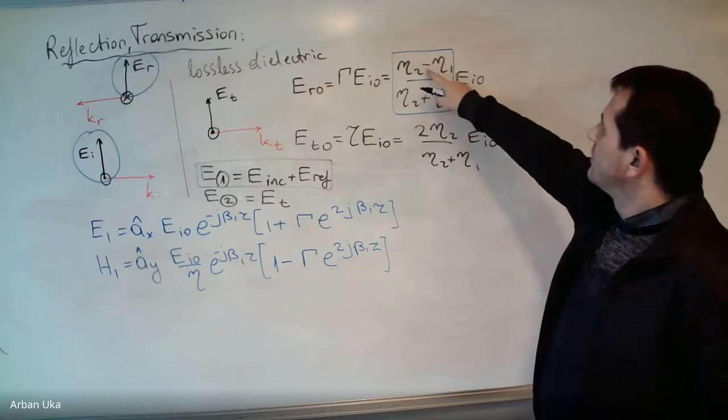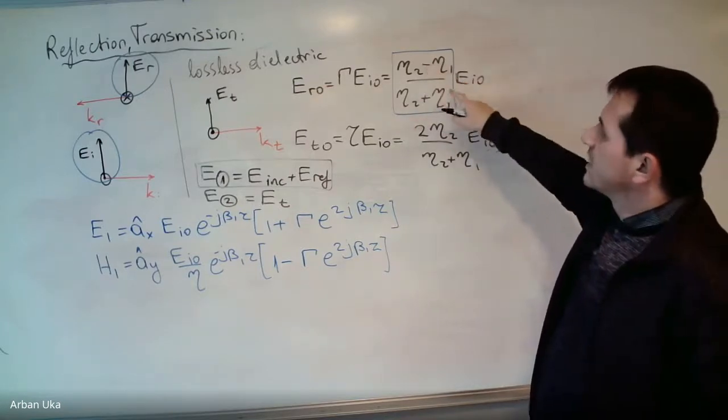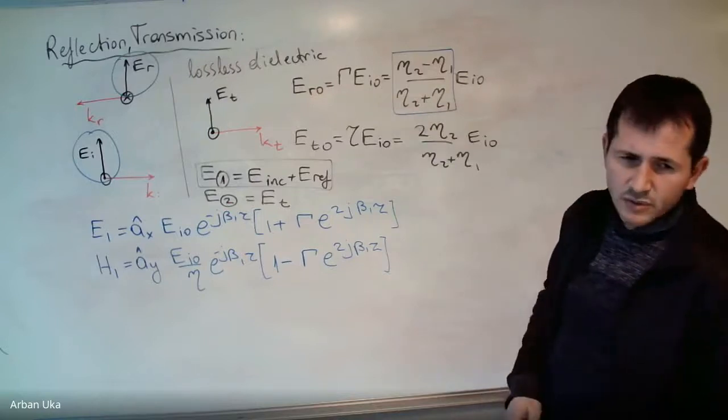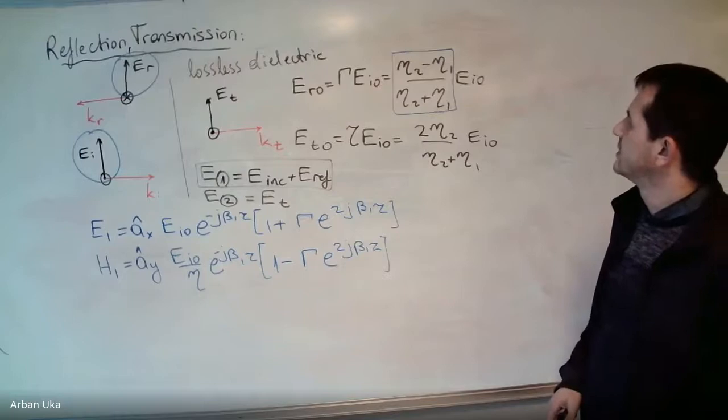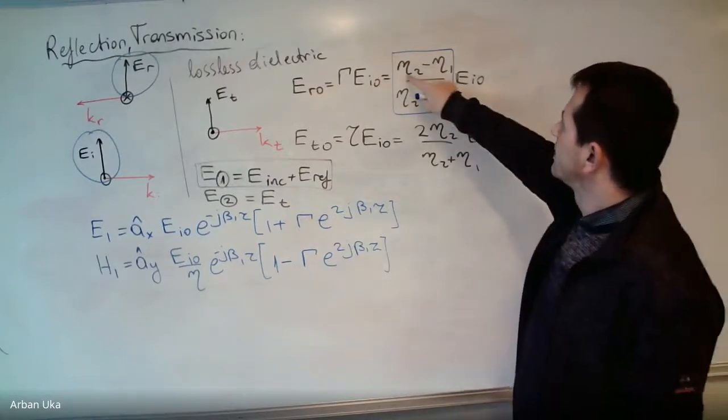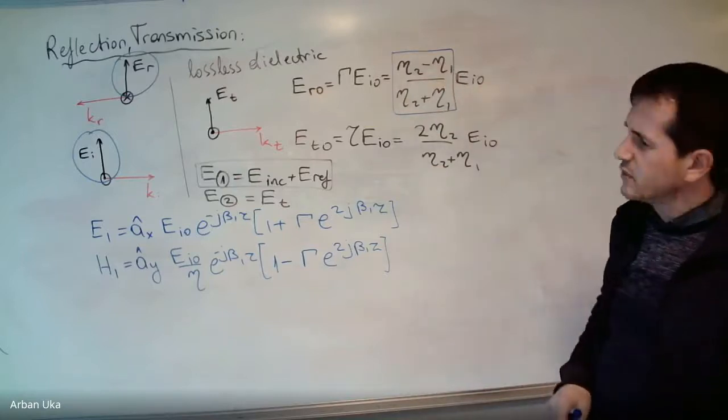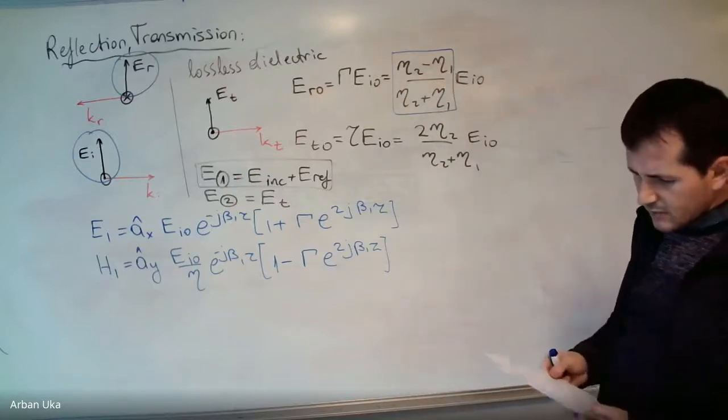So if the second medium has a smaller intrinsic impedance, then we should get a negative number here. Okay? When it was a conductor, we get -1, because in the case of a conductor, this eta 2 would be equal to 0, then we get the -1.